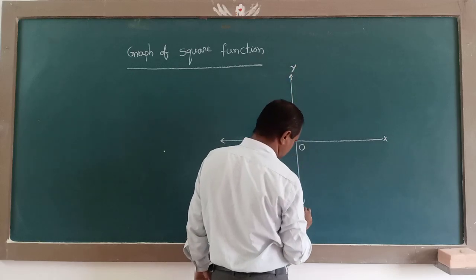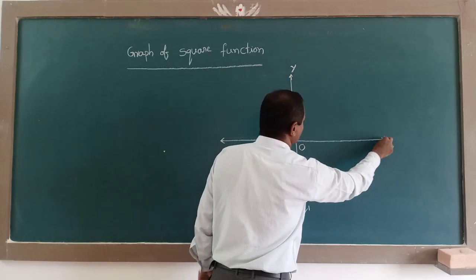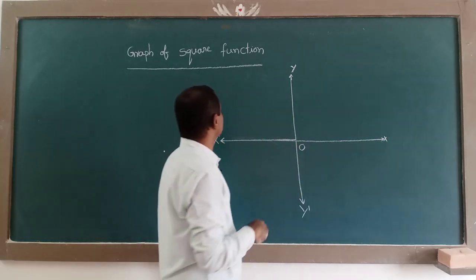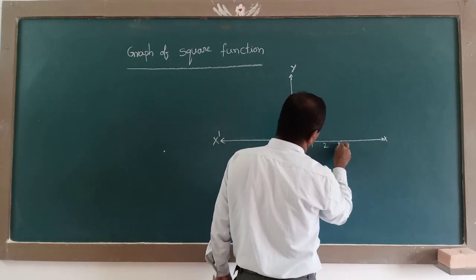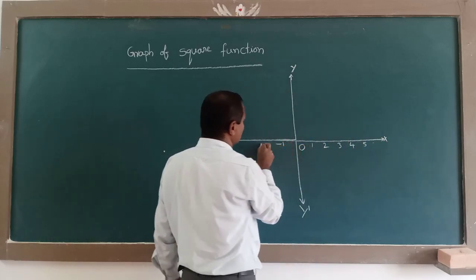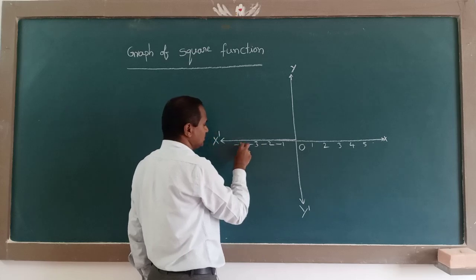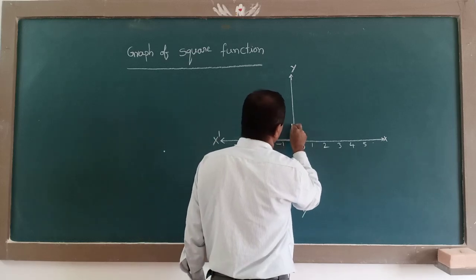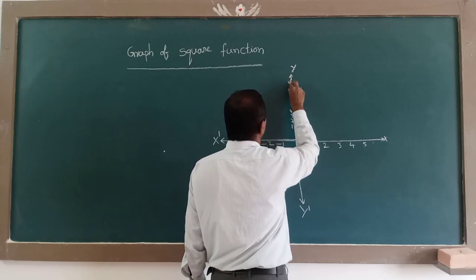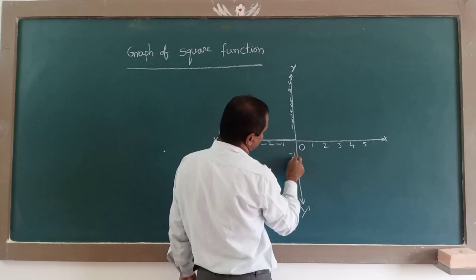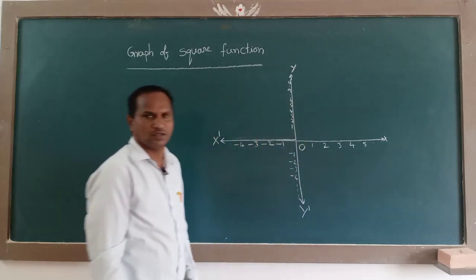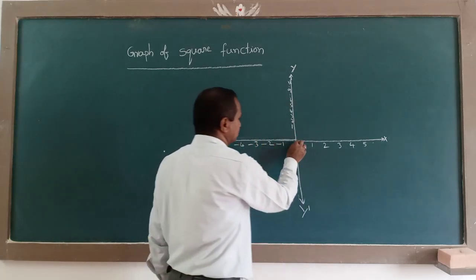Y-O Y dash, X-O X dash, with 1, 2, 3, 4, 5 like this and minus 1, minus 2, minus 3, minus 4, and on the y-axis 1, 4, 9, 16 and so on. Exactly 0 to 0 here.